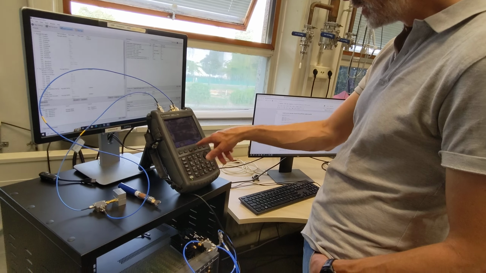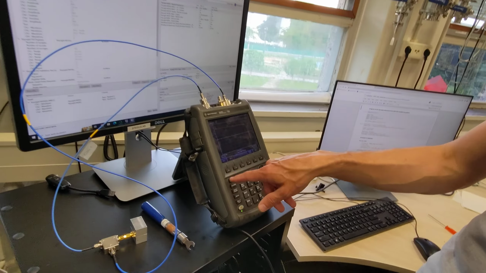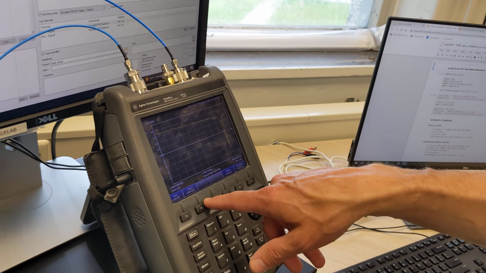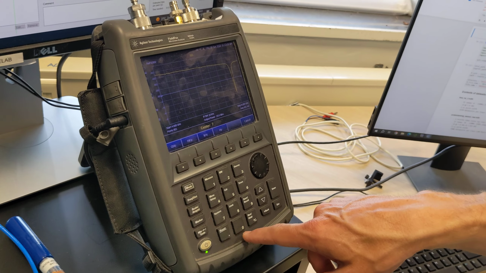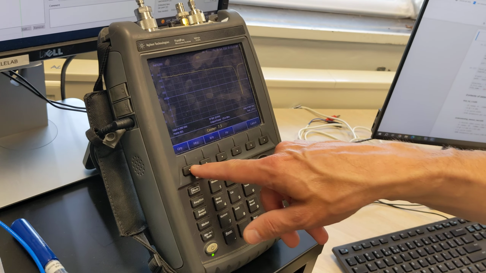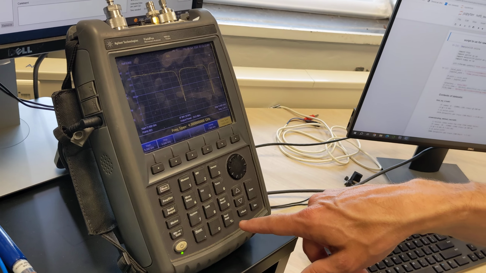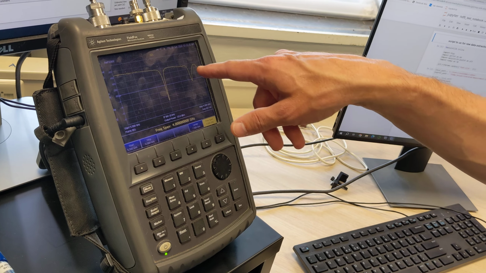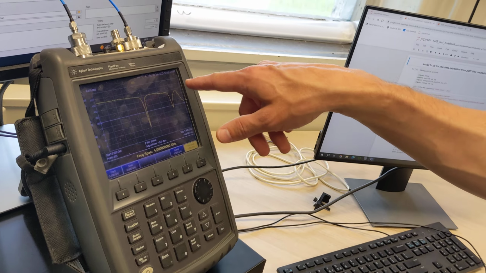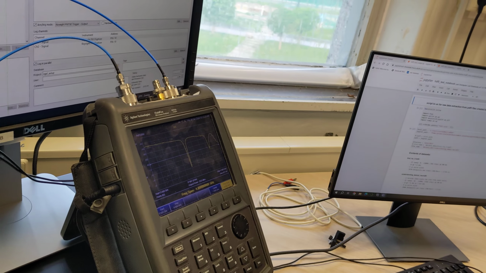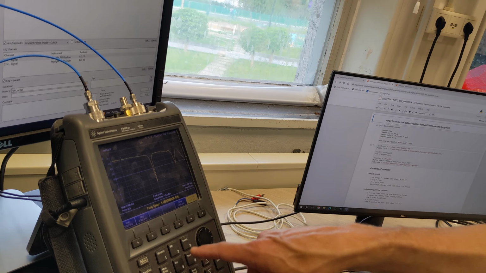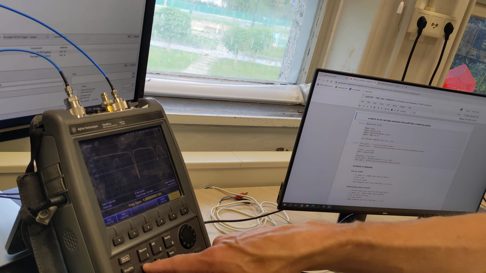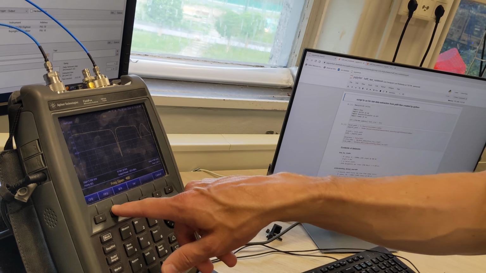So let's just, for video, take a look. If I set my center to 7.5 gigahertz, this is probably the next mode of the cavity, which is in the tail of where the circulator still works. Let's set the frequency span to say 400 megahertz.